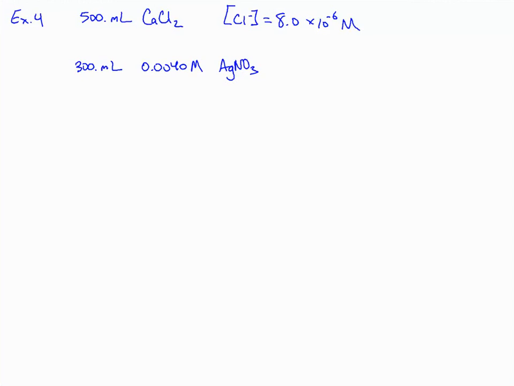So we are adding these two things together. This is what it says. So we're going to add the calcium chloride to the silver nitrate. So we've got an equilibrium reaction, and we want to know, is there a precipitate? They also give us the KSP, silver chloride, and it is 1.6 times 10 to the minus 10.